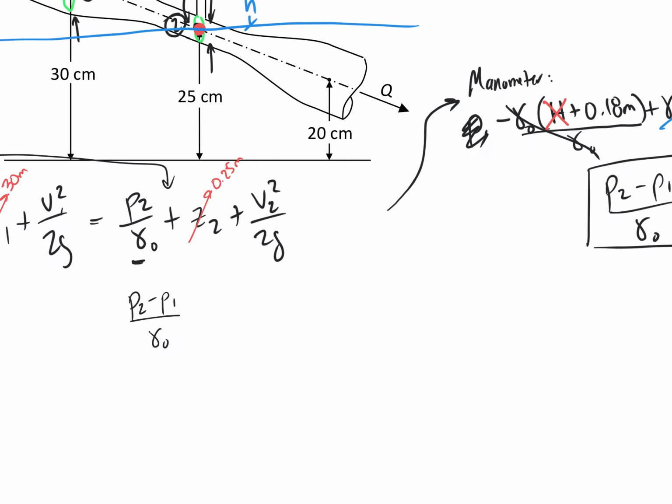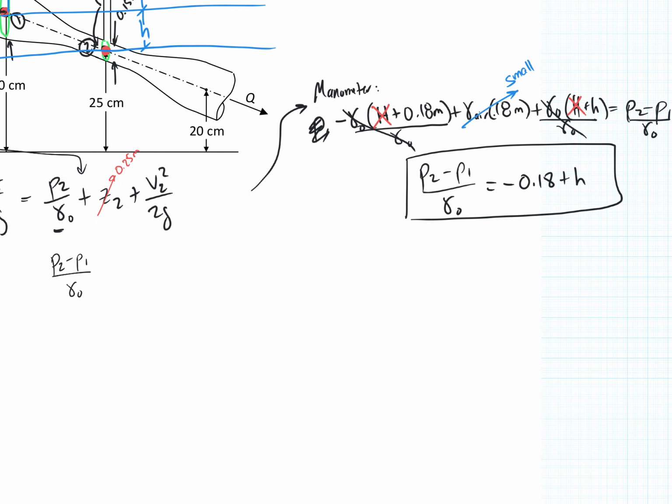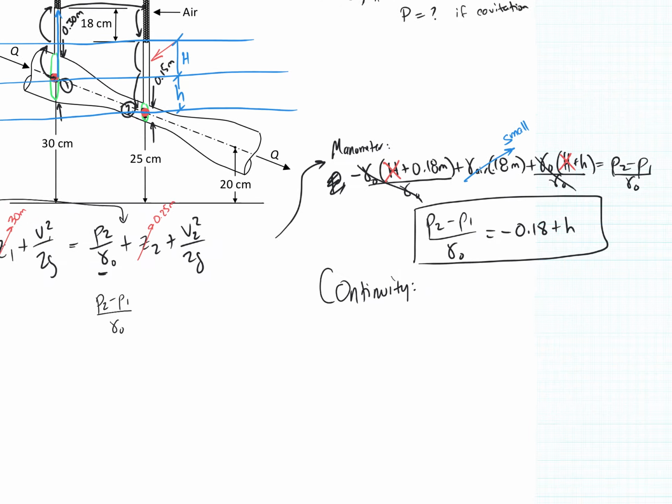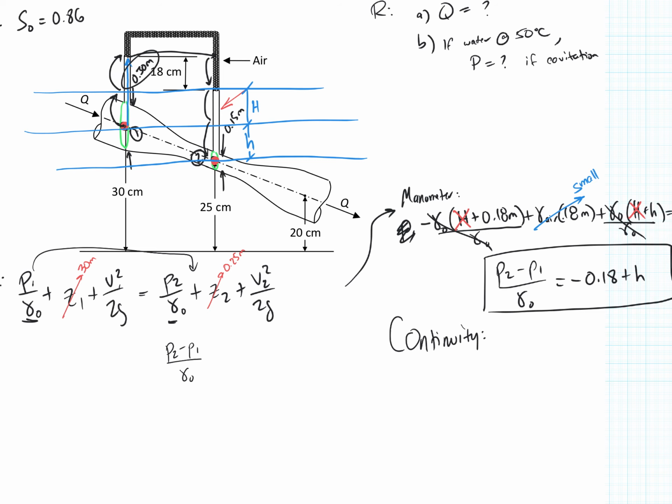So now we've got to get at these velocities. We're going to go over here and do our velocities with continuity. Oh man, it is kind of nice when there's no lines. Okay, so here we go. We've got a 30 centimeter diameter here and a 15 centimeter diameter there.